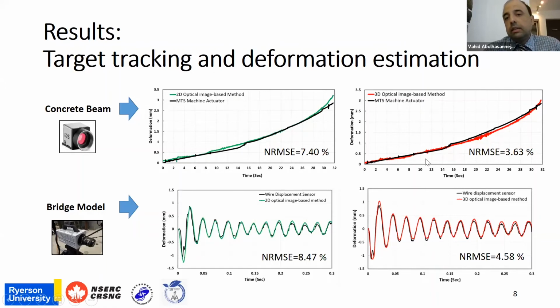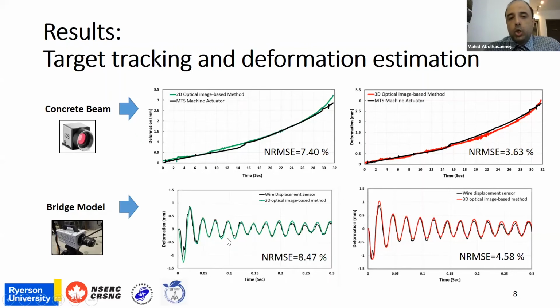Also on the right top side, you can see the comparison of the deformation using the MTS machine actuator and the 3D optical image-based method. This shows a good agreement between these two methods. In the second experiment, the bridge model experiment, you can also see the dynamic measurement of the deformation at the bottom.